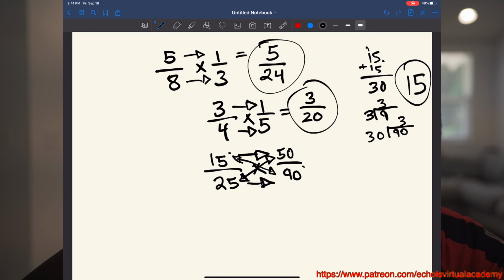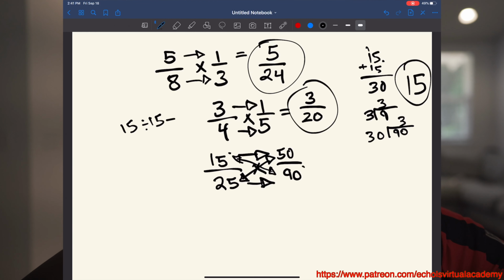So 15 divided by 15 gives us 1. So we can cross this 15 out and put a 1. And 90 divided by 15, we saw that 2 15s make up 30, and 3 30s make up 90.